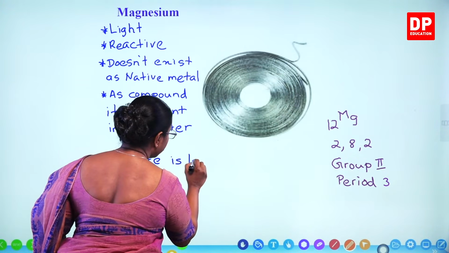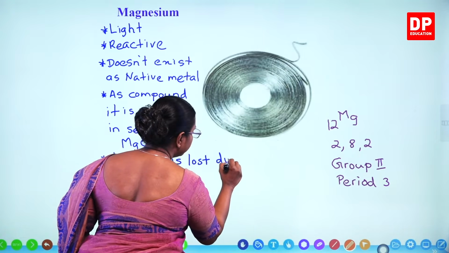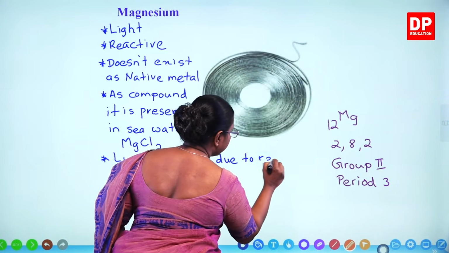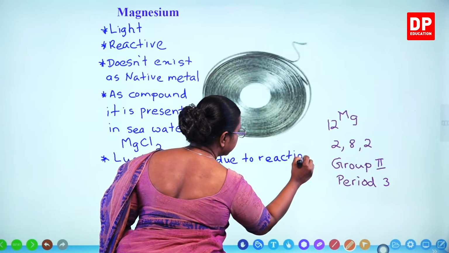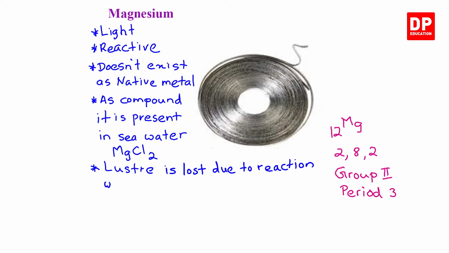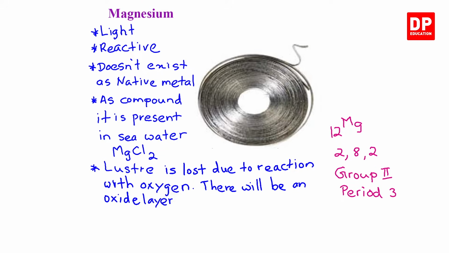The luster is lost due to reaction with oxygen. So, there will be an oxide layer over the metal.